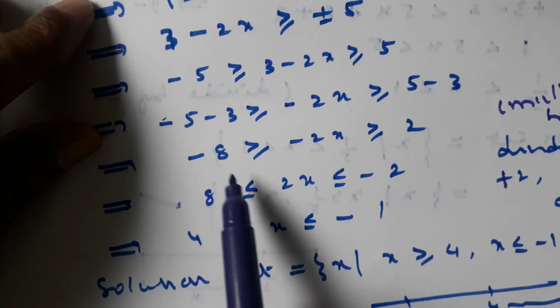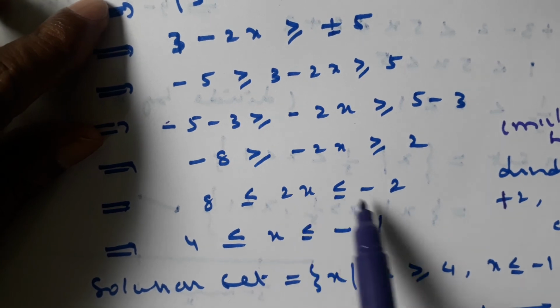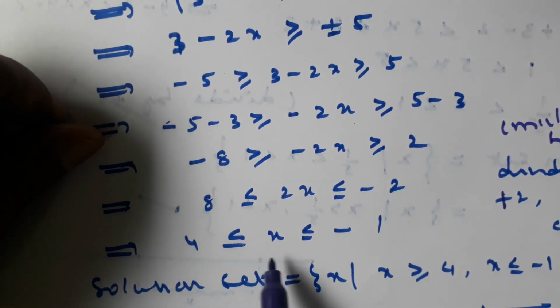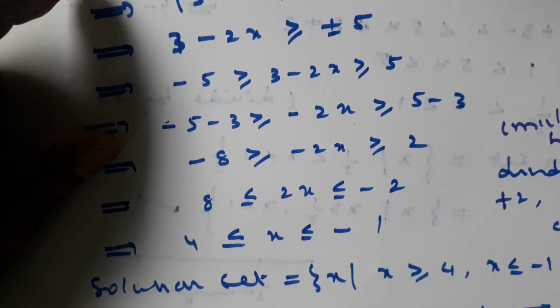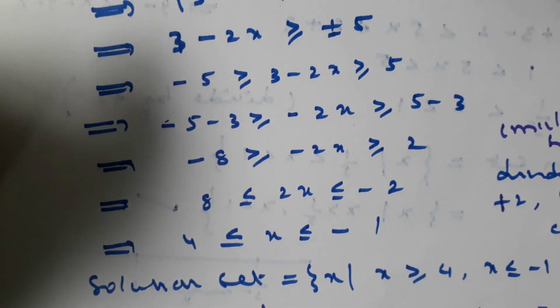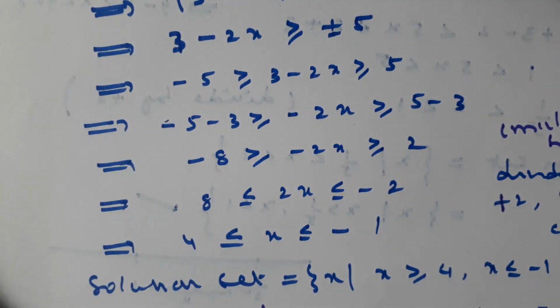So this sign change means x less than or equal to 2x less than or equal to minus 2. Dividing by 2, a positive number, means 4 less than or equal to x is less than or equal to minus 1. So the solution set is x such that x greater than or equal to 4 or x less than or equal to minus 1, or the solution set is also x such that 4 is less than or equal to x is less than or equal to minus 1. Right, this is the second problem.